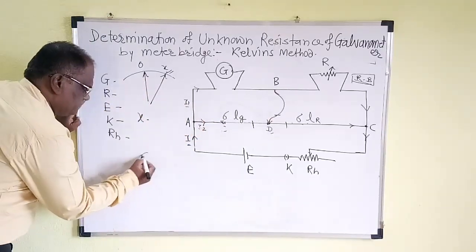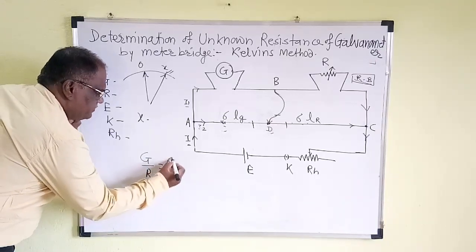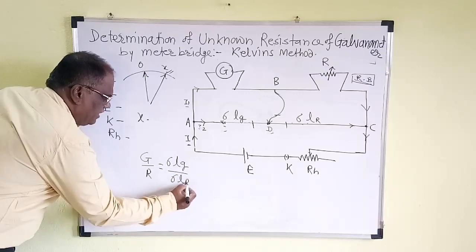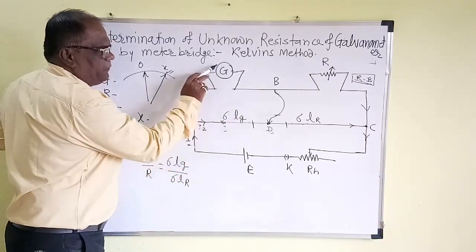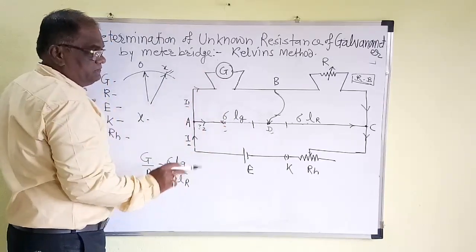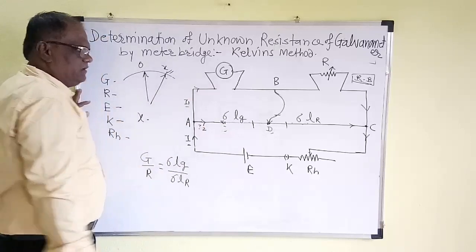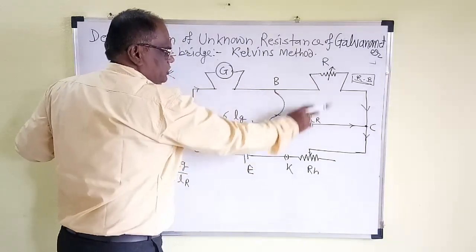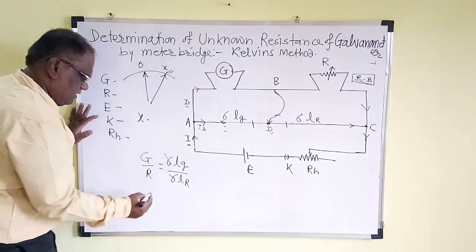network. G by R is equal to sigma LG divided by sigma LR. Here LG is the length of the wire opposite to galvanometer, balancing length of the wire opposite to galvanometer. LR is the balancing length of the wire opposite to known resistance. Again sigma get cancelled.